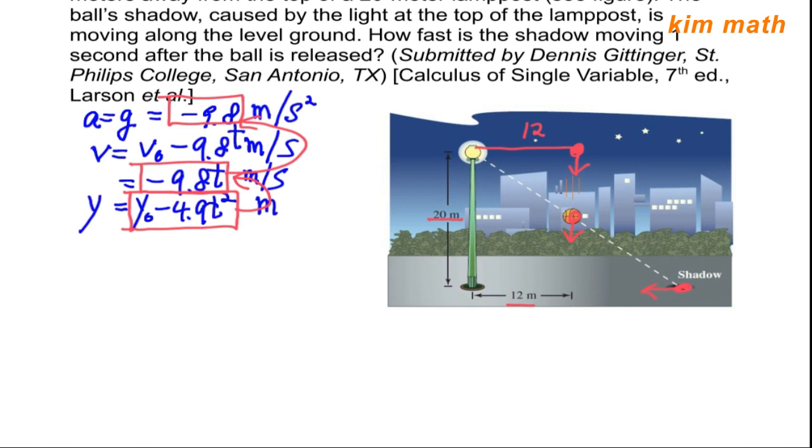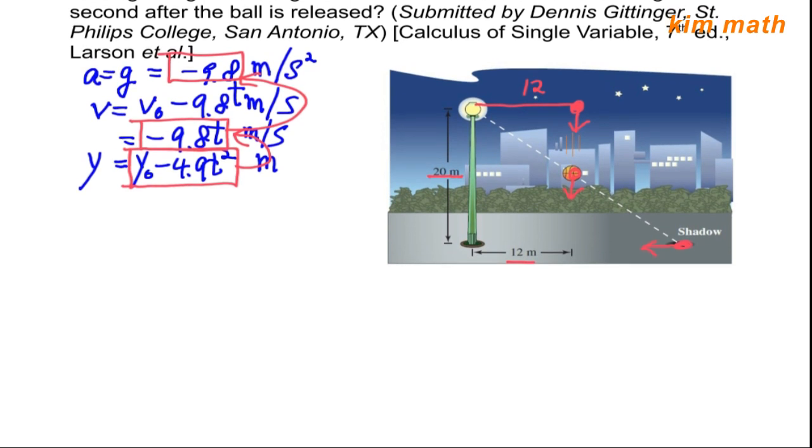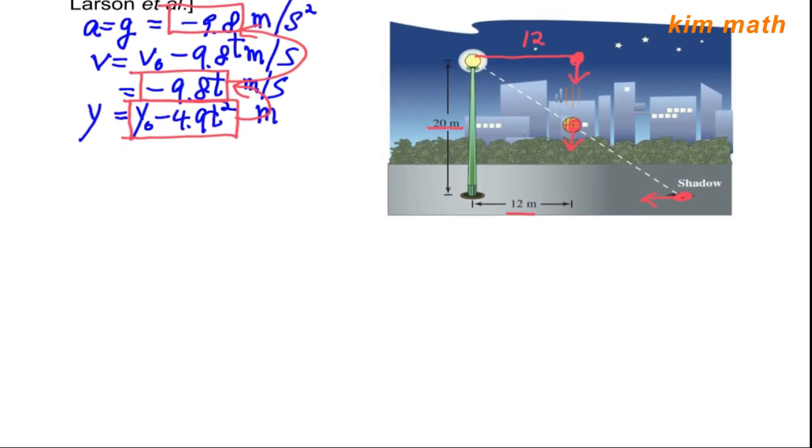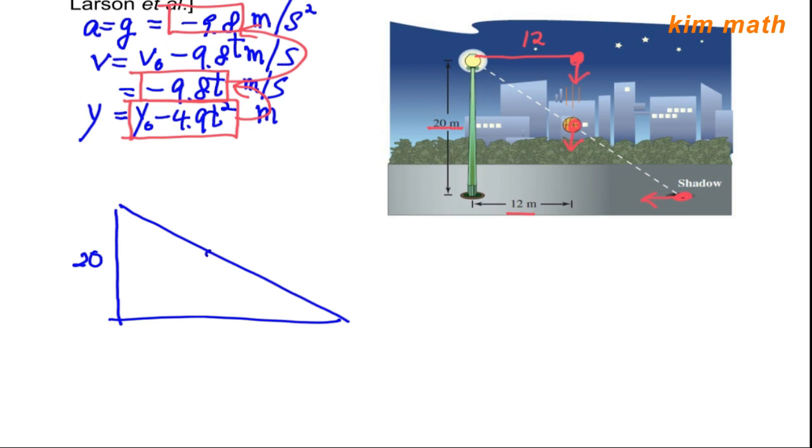Now we'll draw another picture. Now this is 20, and the ball is here, and the ball will move downward, and the distance of this one is 12. Let this be y, and this be x.